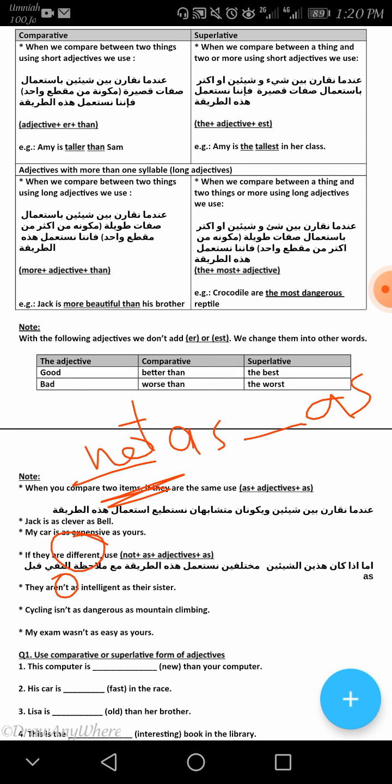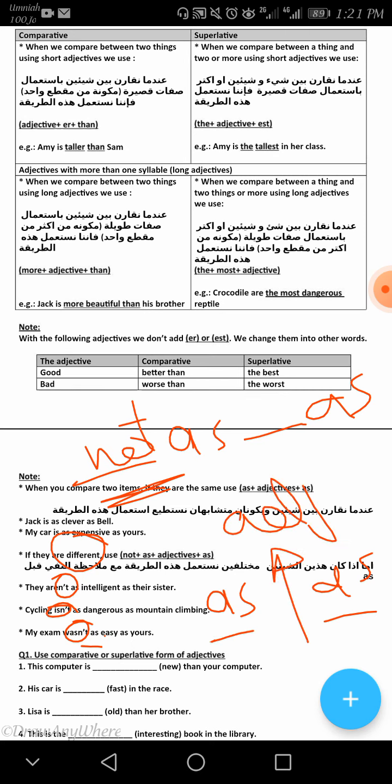Cycling isn't as dangerous as mountain climbing. My exam wasn't as easy as yours. You have to know من هذا التمرين لازم تعرف إنه الas لما we have two as we put the adjective بدون أي تغيير.